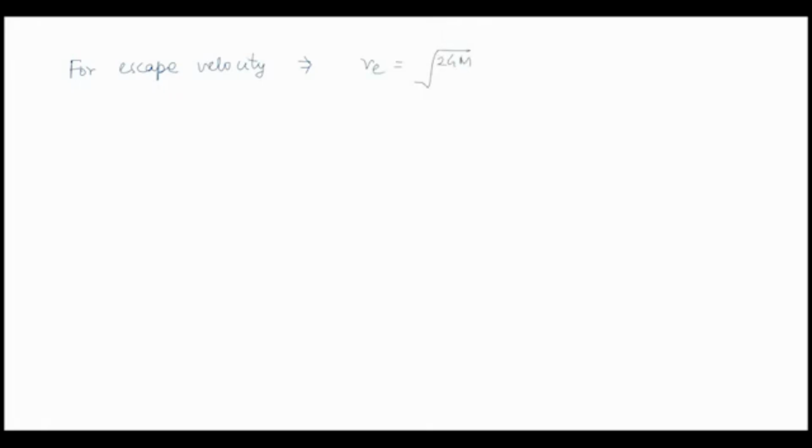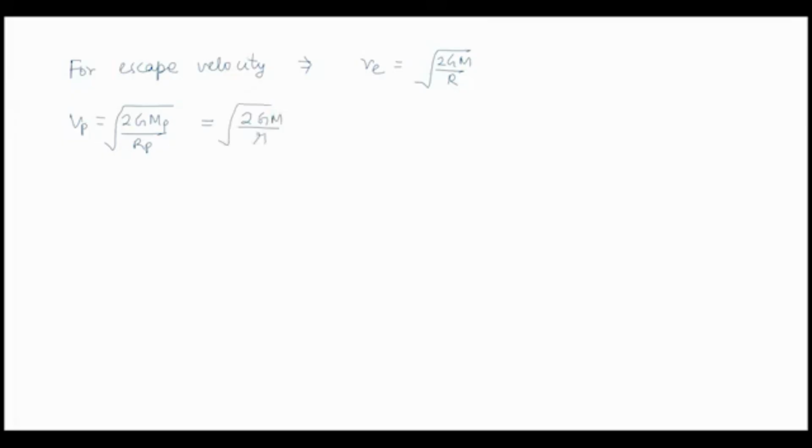So this is the value of escape velocity from any planet. Now for P, I can write Vp is equal to root of 2G mass of P upon radius of P. We have considered the mass of P as m and its radius as r. So we get this value as root of 2GM by small r.